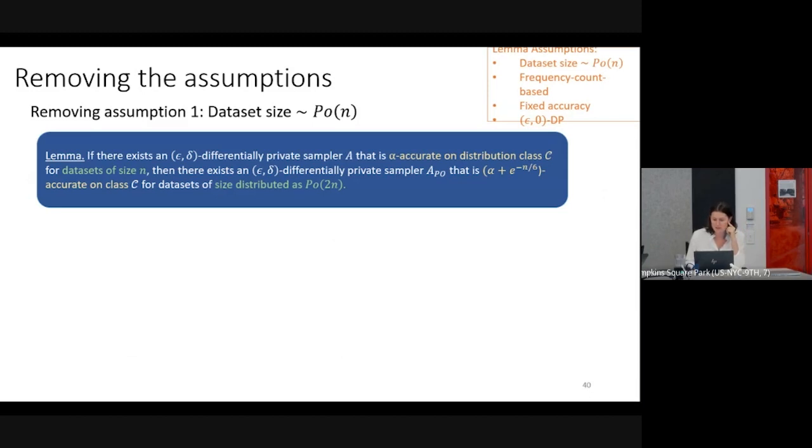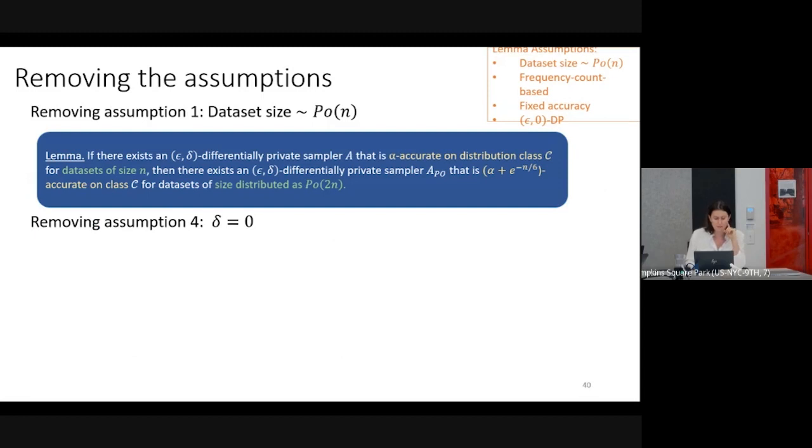So if there's a DP sampler that's alpha accurate on a class where the data set size is fixed to n, then there's also a DP sampler that's slightly less accurate on data sets of size distributed as Poisson of 2n. So to remove this assumption, we incur a small additive factor, but it's not so bad.